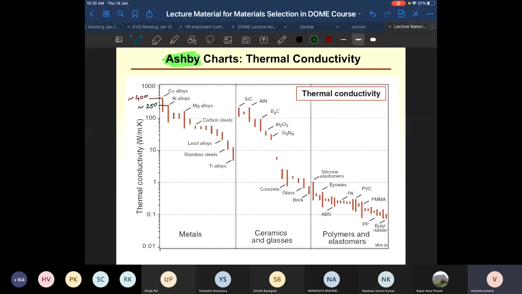Okay, so carbon steels are giving you thermal conductivity of how much? 20, 30, 40, 50. Okay, so this is about 50. And so you can see over here that for stainless steel, we have about 15. And which metal has the lowest thermal conductivity amongst the metals?